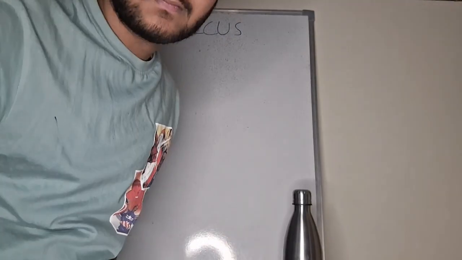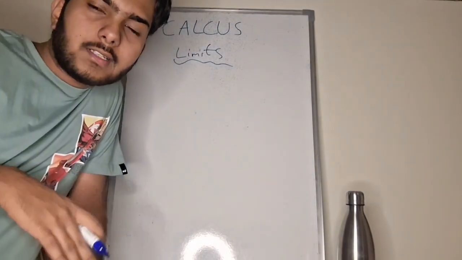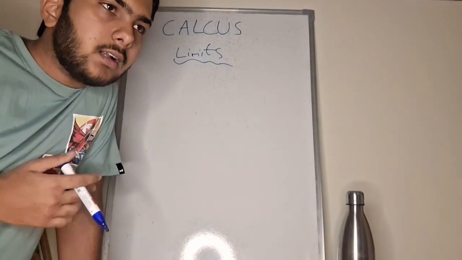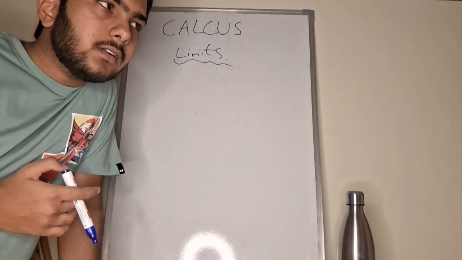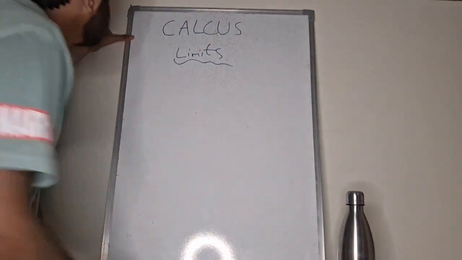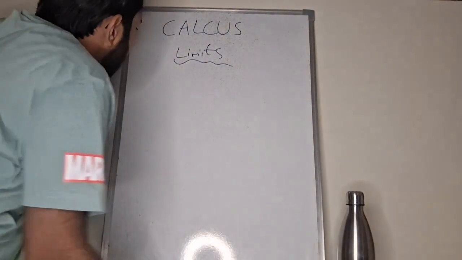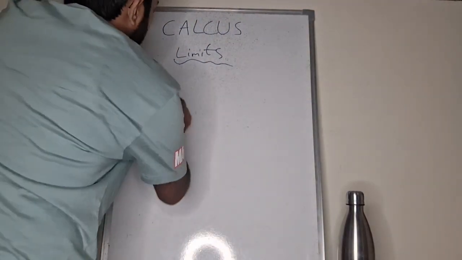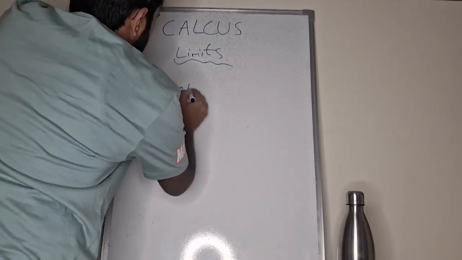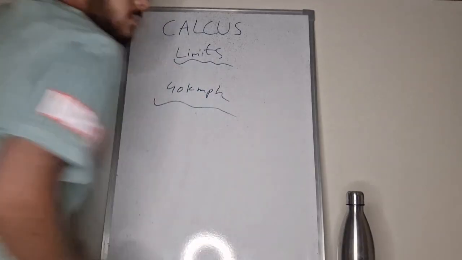To understand limits, you have to understand the concept of continuity. Now what is continuity? Let's say a car is being accelerated. It is moving with a velocity of 40 km per hour. This is its speed.